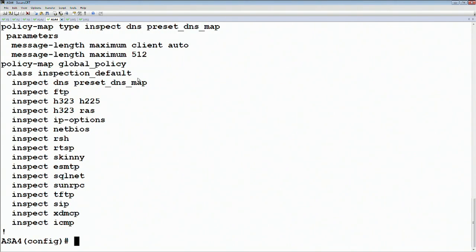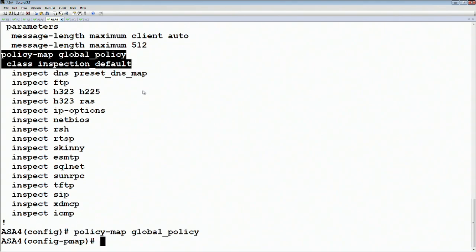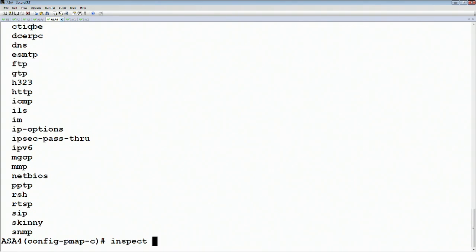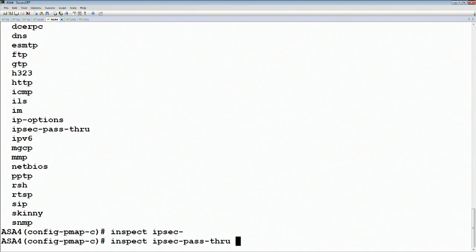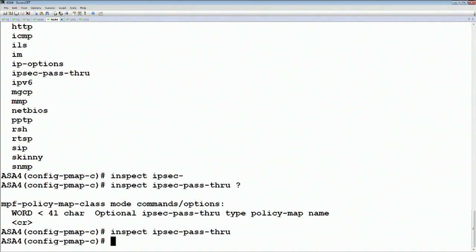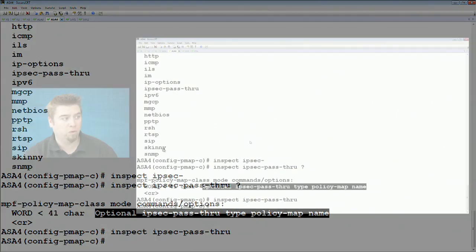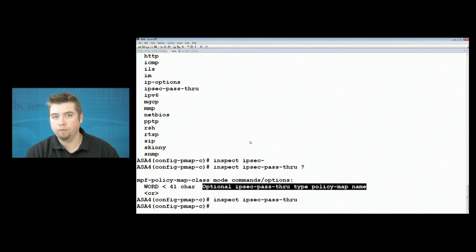We're going to go to our global policy, inspection default, and say we're going to inspect ipsec-pass-thru. IPsec pass-through here means that we're going to try to do a stateful inspection for ESP and for AH. Then if we wanted a specific inspection class, this is where you could change the individual options for ESP or AH, like the individual connection limits and the per-host limits, but in this case I'm just going to leave them as the defaults.